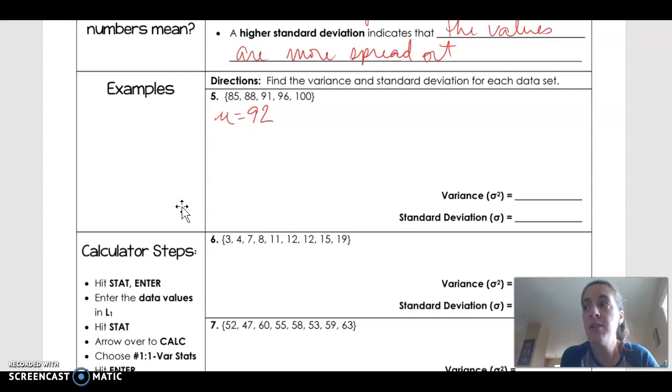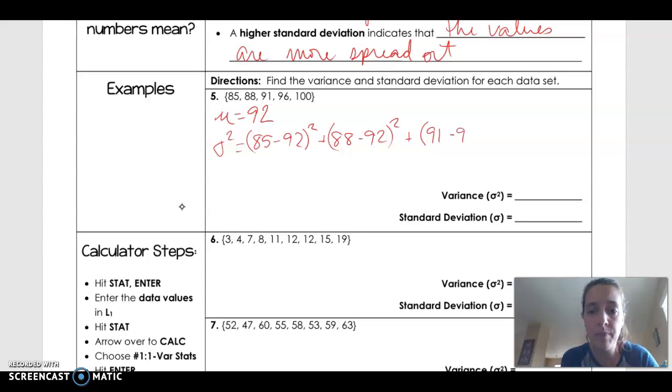To find my standard deviation, I first want to find my variance. Remember, that's sigma squared. I take each data point and find the difference from my mean. So I've got 85 minus 92, and I square that. To that I add the next piece, squared, plus the third data point, squared, that fourth point, and my final one, minus 92 squared.